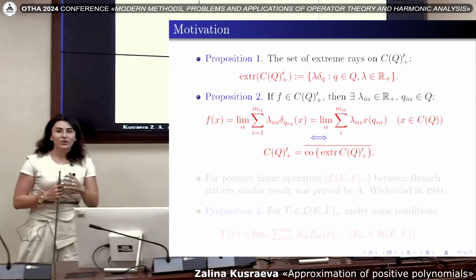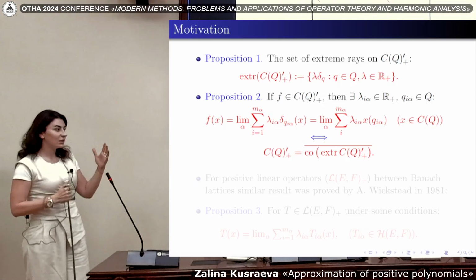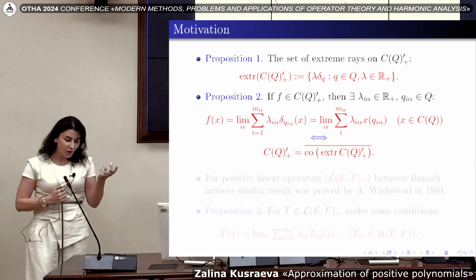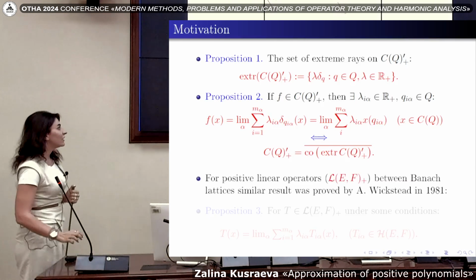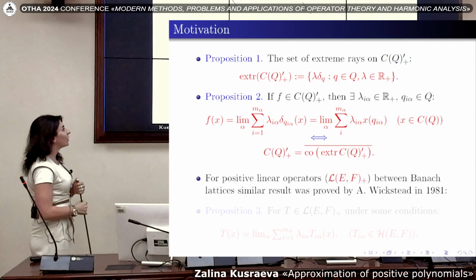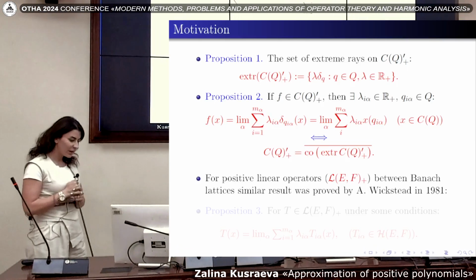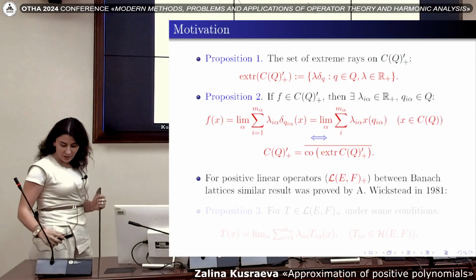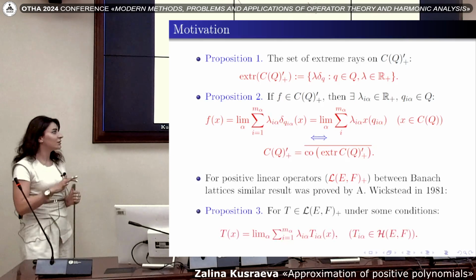So a question arose: what can be said if we work, as I already said, with the space of linear operators acting between Banach spaces? Of course, we talk about positive linear operators. The answer was given by Professor Anthony Wickstead in 1981. The precise formulation of his result will be given a little bit later.